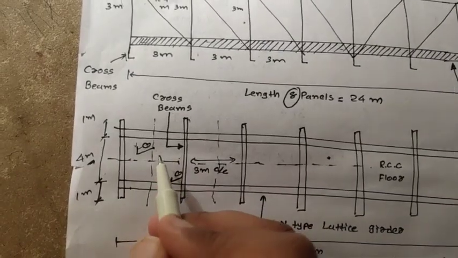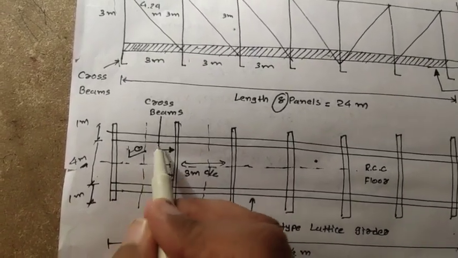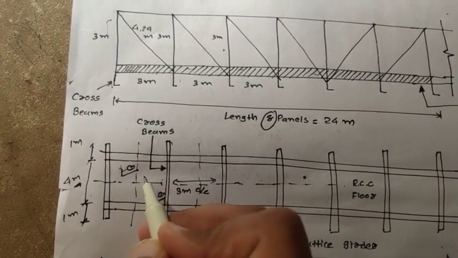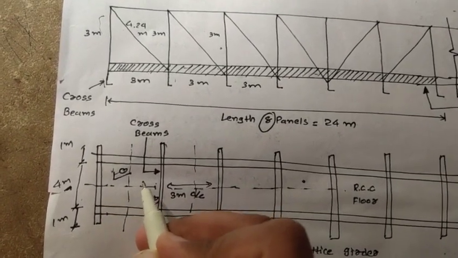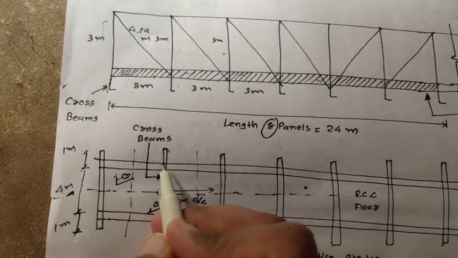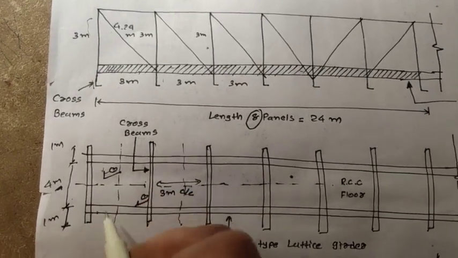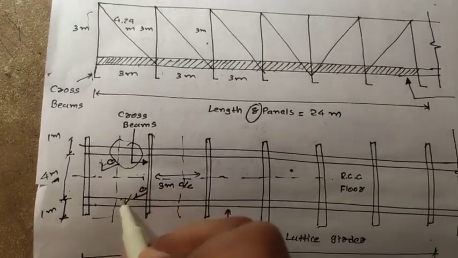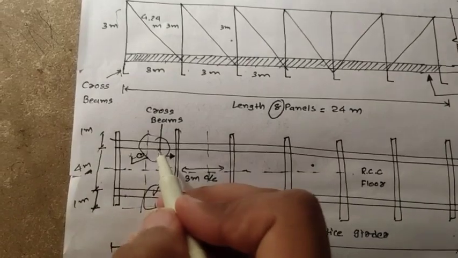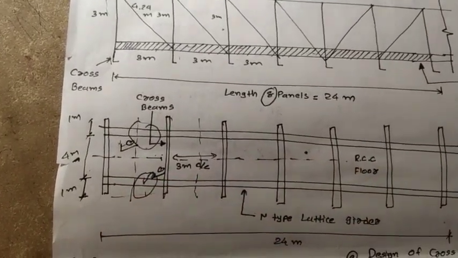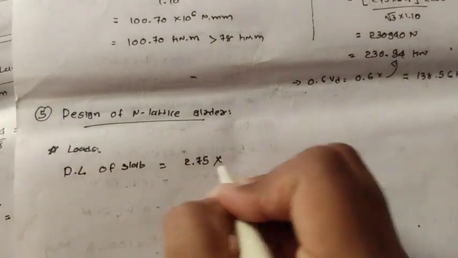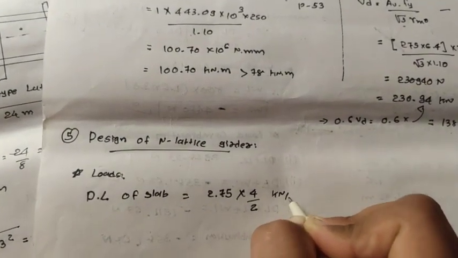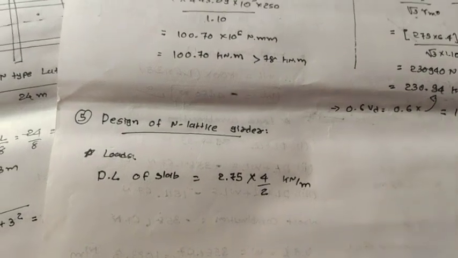Because half of the slab load is carried by this lattice girder. Half the load is distributed in this part and half in that part. That's why we take 4 divided by 2. So we take 2.75 multiplied by 4 divided by 2, and our answer unit is kilonewton per meter.